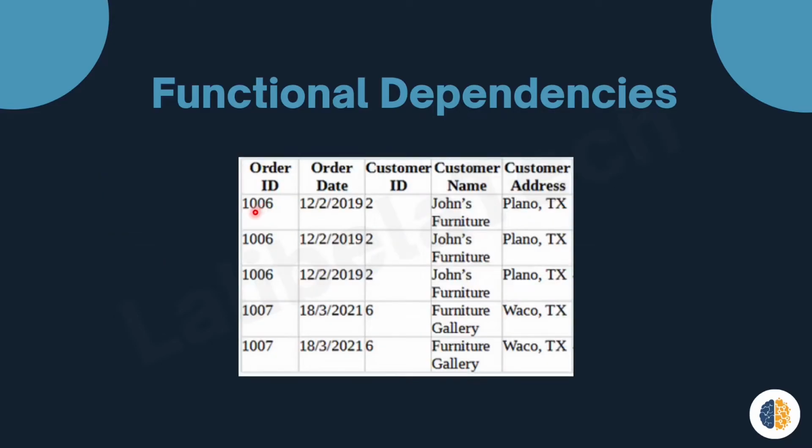For example, the order ID in the first row is the same as the order ID in the second row. Since the other attributes are functionally dependent on it, their values should be the same. Here are the values of order date, customer ID, customer name, and customer address. The same logic applies for order ID 1007.